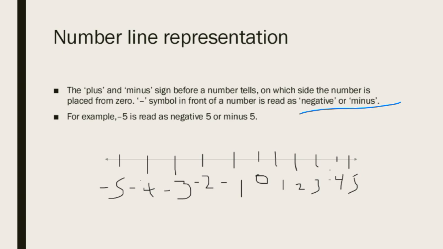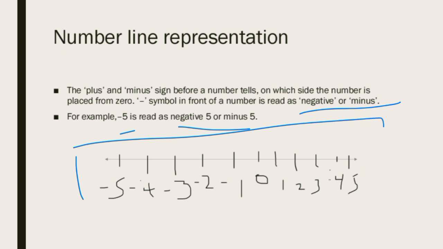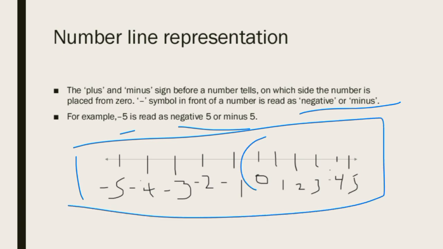For example, -5 is read as negative 5 or minus 5. On the number line, see 0. The positive integers extend to the right of 0. Negative integers extend to the left side of 0.